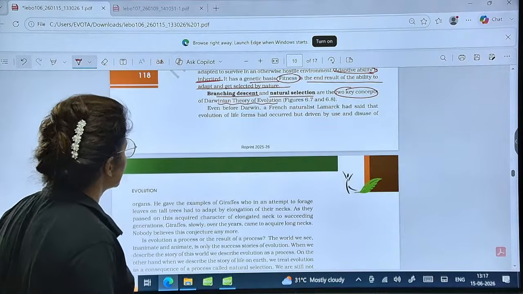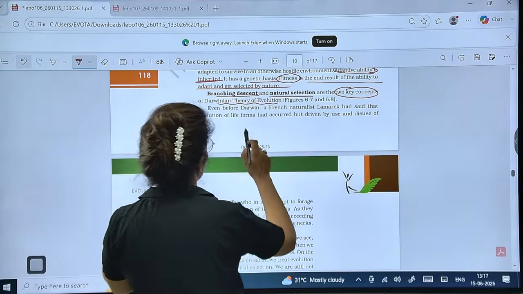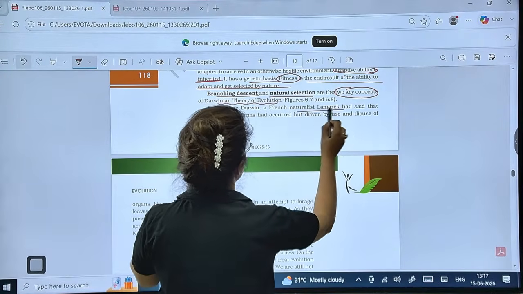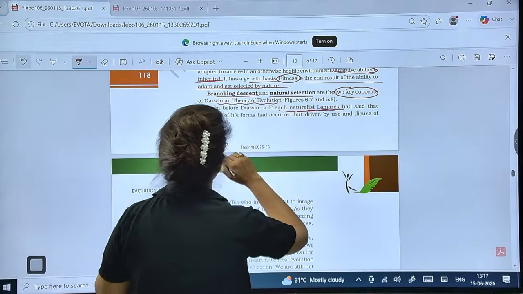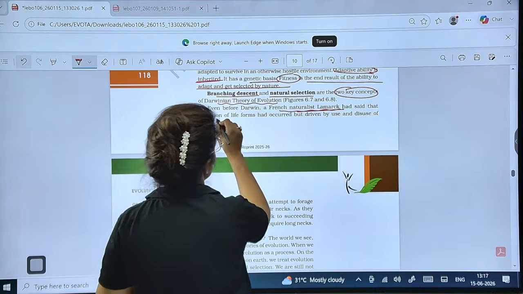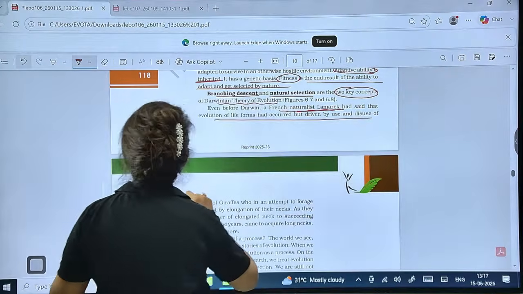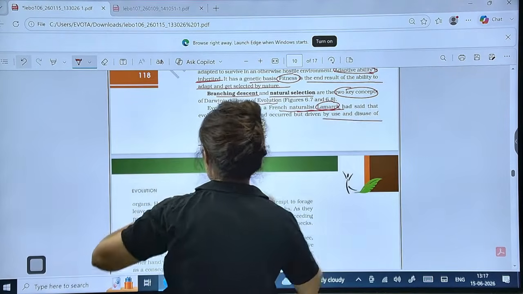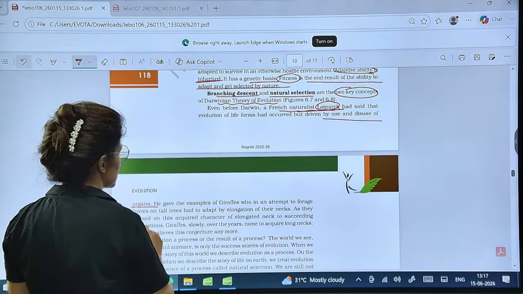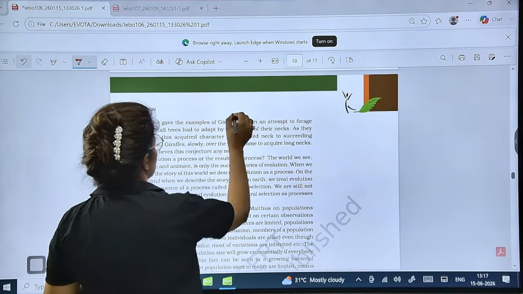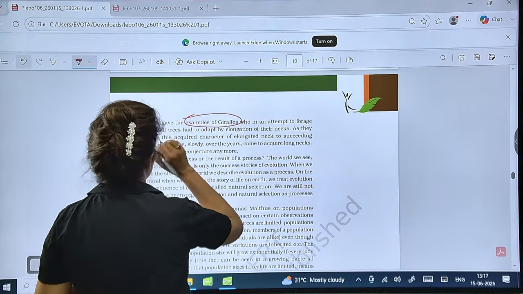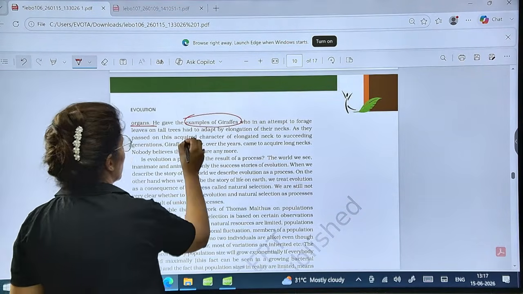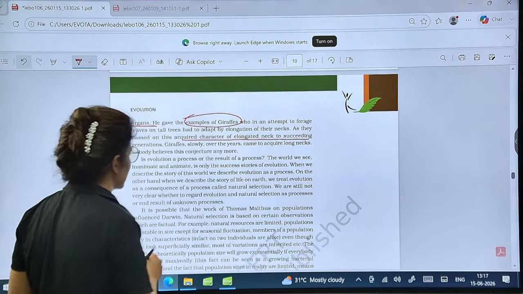Now, coming here. So, Darwin. Even before Darwin, there was Lamarck, a French naturalist, who believed that evolution of life had occurred. Lamarck believed in use and disuse of organs. He believed in this use and disuse theory and explained the example of giraffe. How did giraffe acquire an elongated neck?